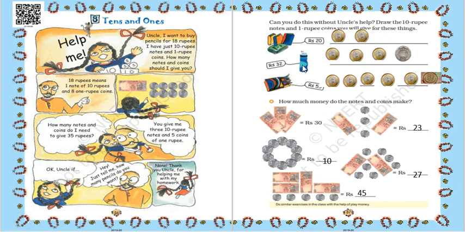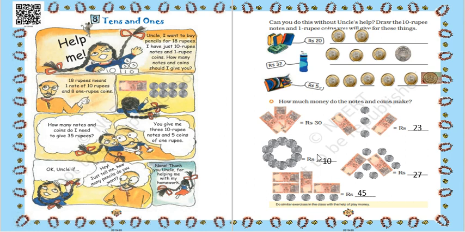For this 32 rupees water bottle, you have to give 3 ten rupees notes and 2 coins of 1 rupee. For 55, you have to give 5 ten rupees notes plus 5 one rupee coins. Okay, now understand?